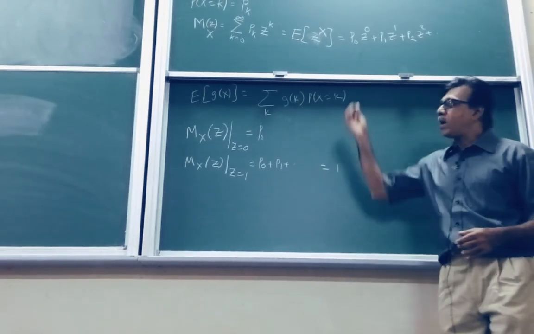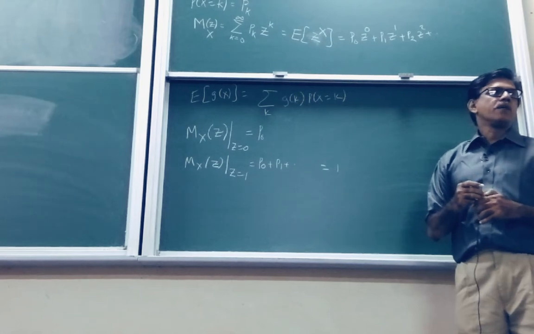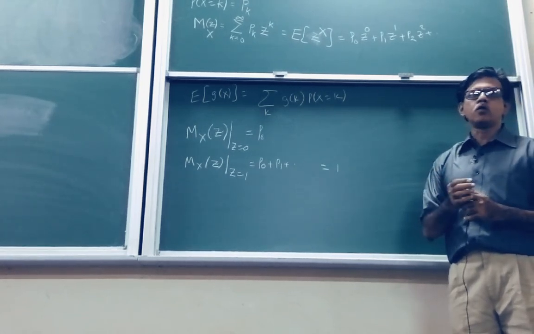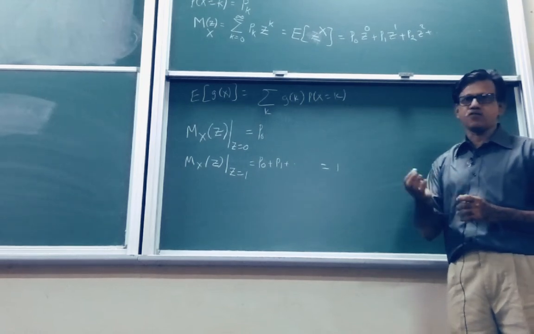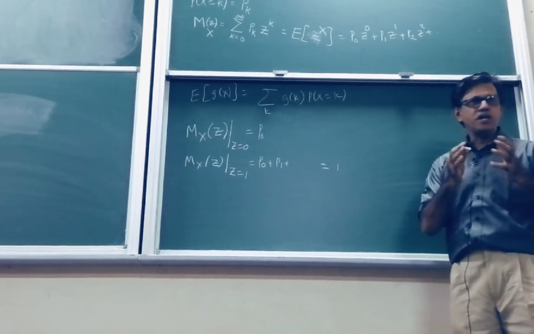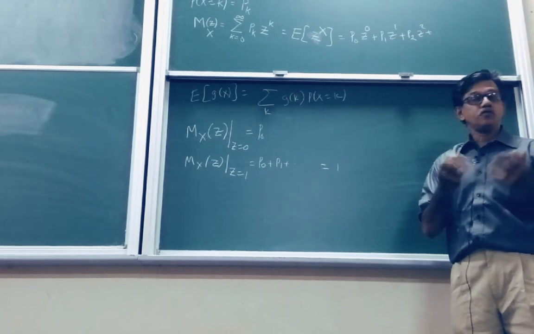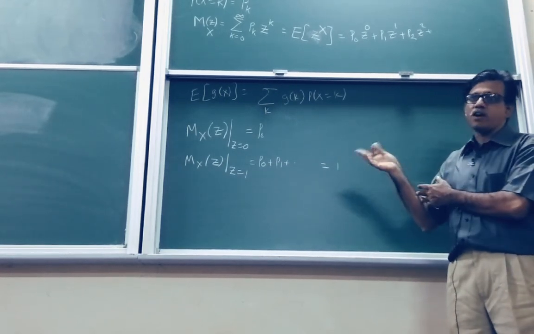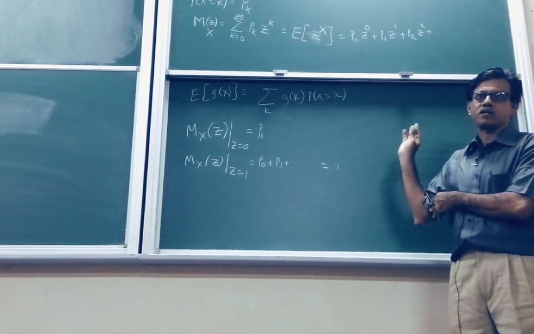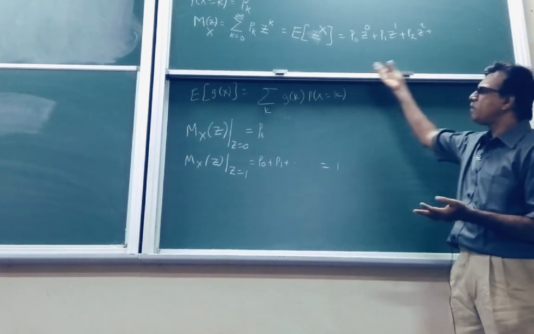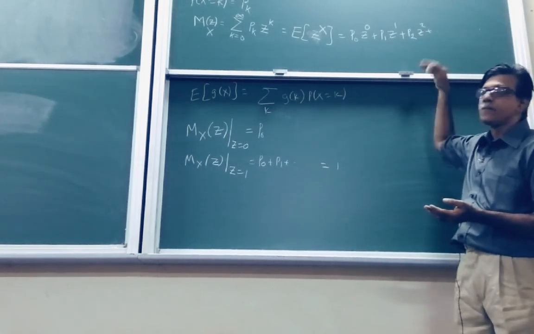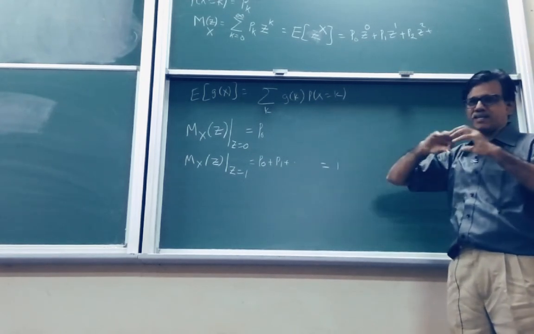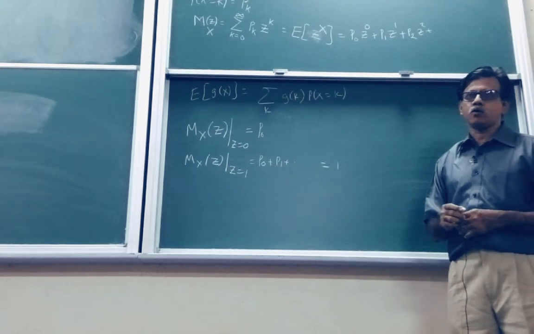For example, one example is the geometric random variable: the number of trials you have to do to get the first success. It has to be positive, it cannot of course be 0, it can be 1, 2, 3, 4 and so on, and we have a formula for it. That's a compact representation. Sometimes it may not be like that. It may be just a sequence of a lot of probabilities, a big array that is difficult to handle.